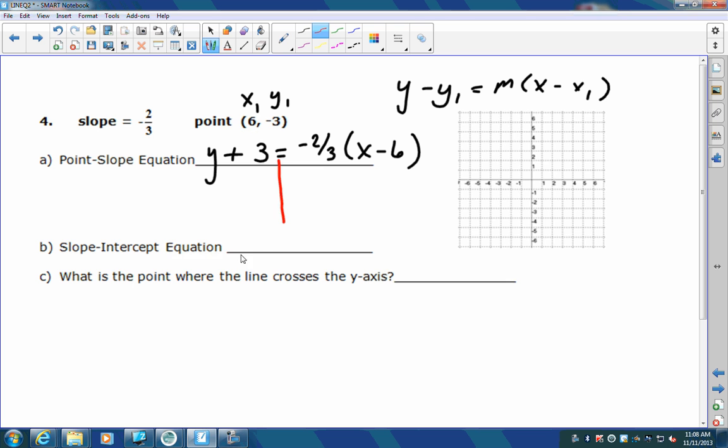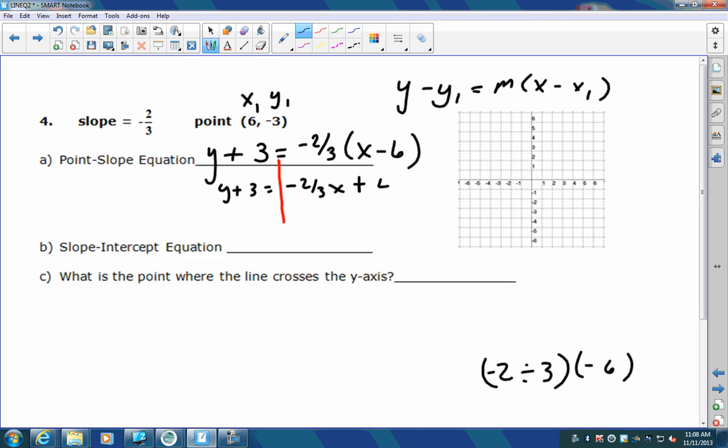So now as I go to change it into slope-intercept form, y plus 3 stays the same. -2/3 times x, -2/3 x. -2/3 times -6. A negative times a negative is a positive. Now, if you put it in the calculator, put in parentheses 2 divide 3 parentheses, times, oh, I guess we needed to do a negative right there, times -6, it will give you your answer.